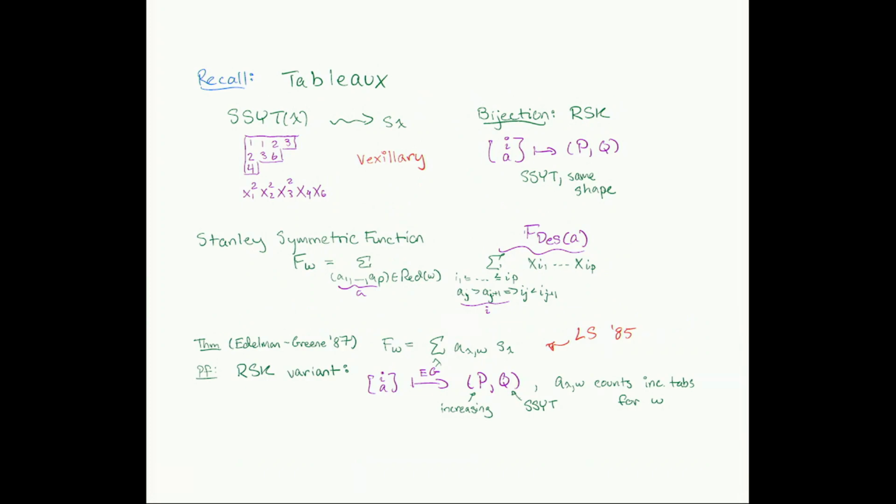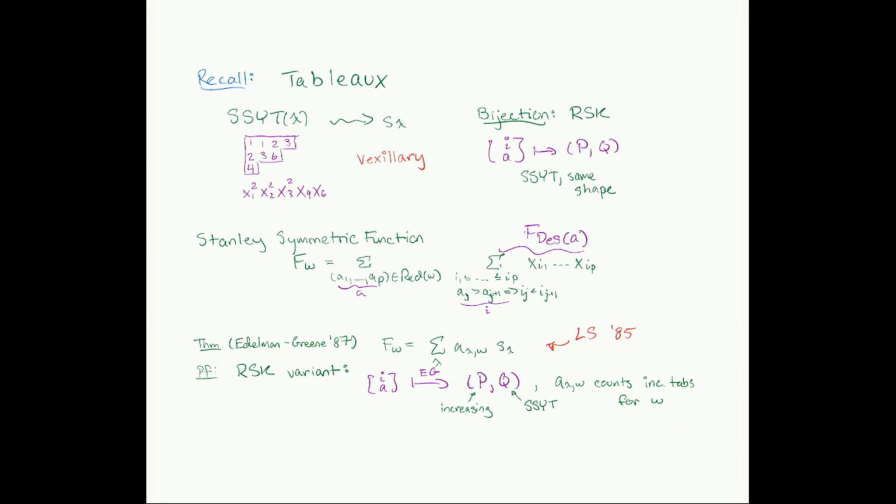And I want to begin just by reminding everybody about tableaux, which we've been seeing over the course of the past week. Those of us who've been here and those of us who haven't, I hope have seen them before in other circumstances. So I want to think about semi-standard tableaux, and we have one in purple on the left.